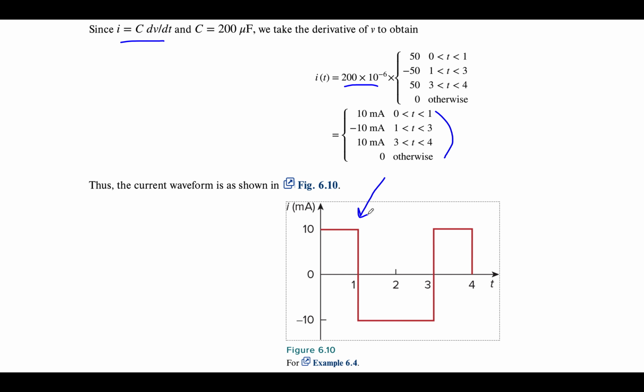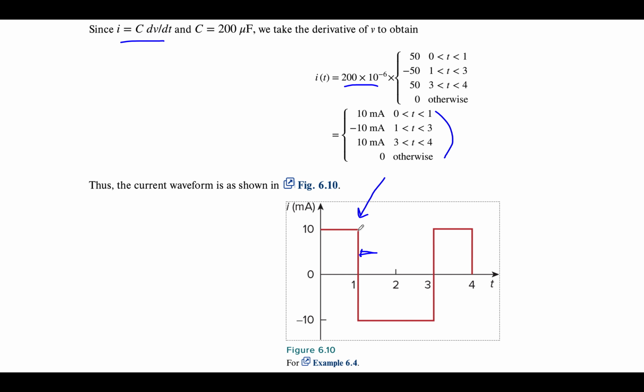I do want to make a comment about the mathematical appropriateness of the way this is sketched. Technically, this straight line that's running from plus 10 to minus 10 doesn't exist.